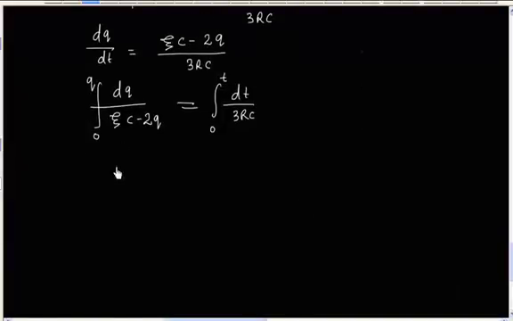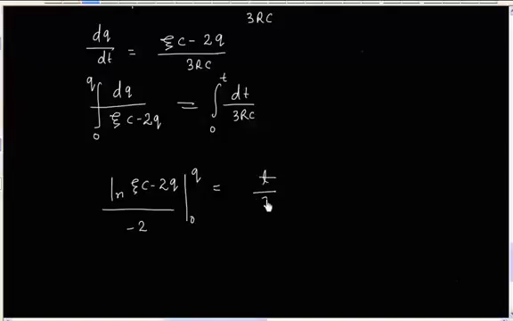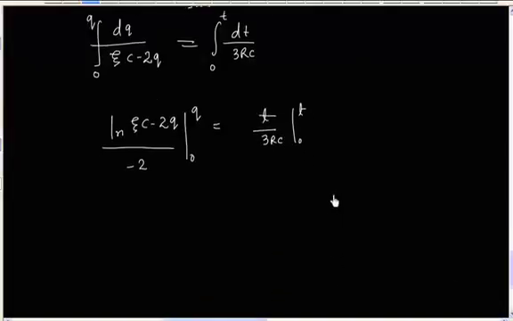So the integration will be ln of Xi C minus 2q, and we have to divide by the coefficient of q, that is minus 2, and the limit will be from 0 to q. And this side we will have t by 3RC, and the limit will be 0 to t.